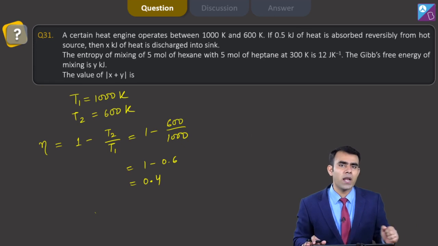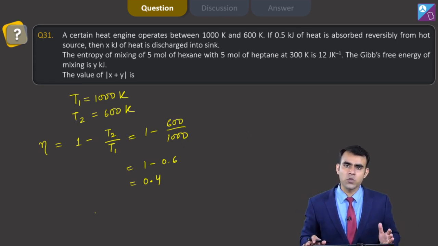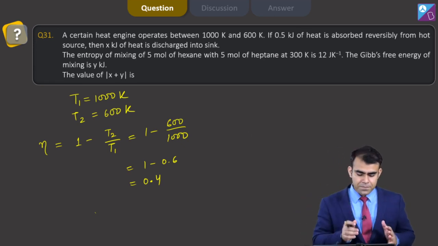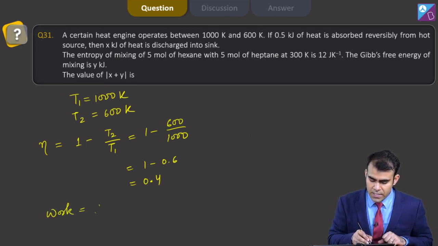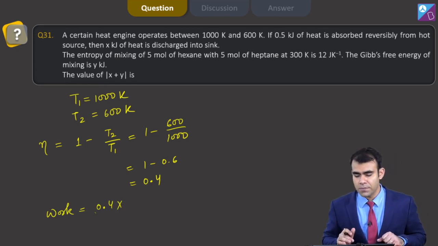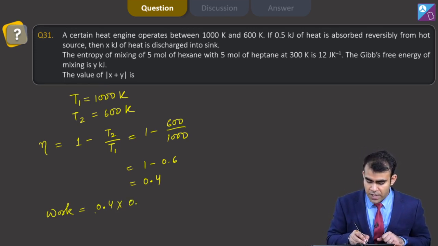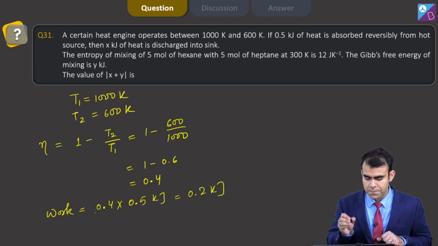So if I want to calculate work from here, what do I have to do? I have to multiply this 0.4 into the amount of heat absorbed from the source, that is 0.5 kilojoule, which is equal to 0.2 kilojoule.